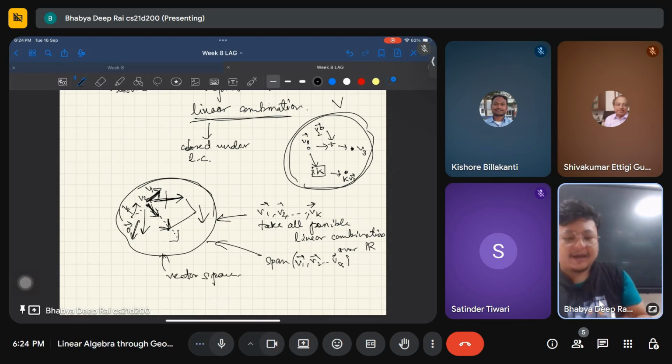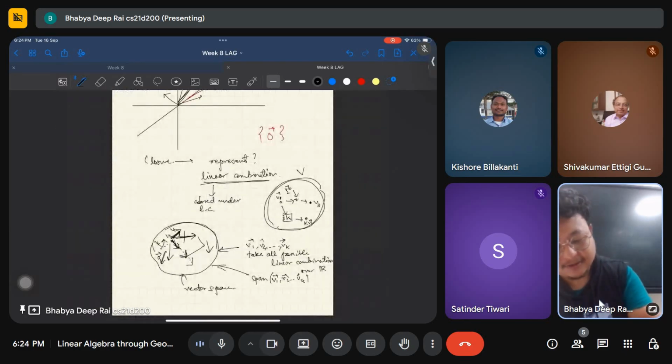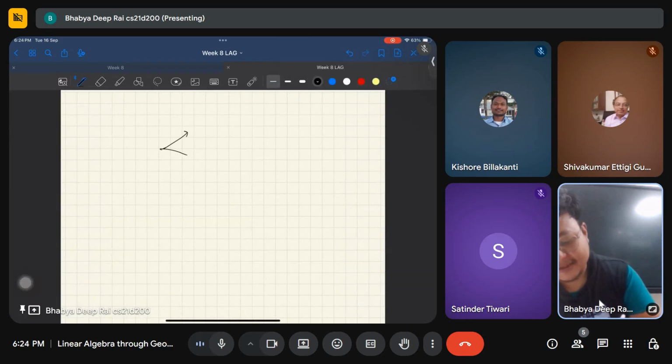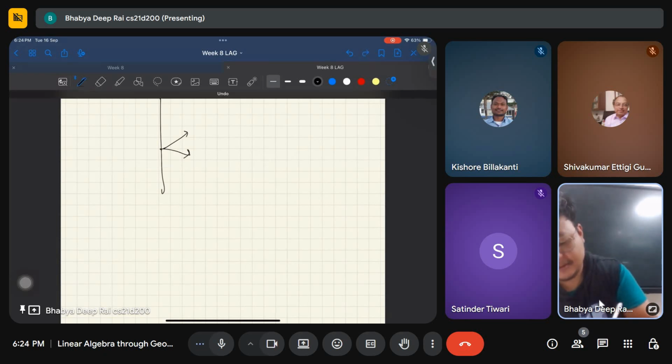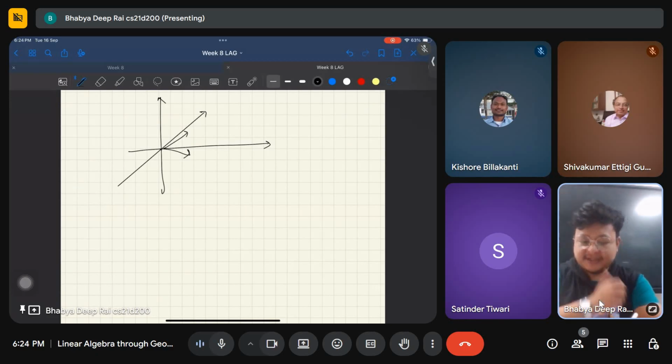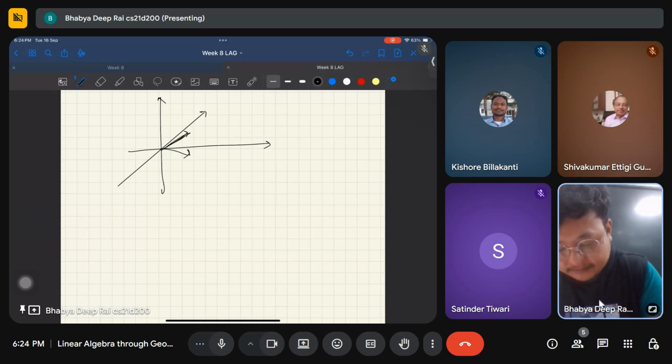Now we'll move on to the question, but just a small addition. What does it mean geometrically? If I take two vectors, what does it mean geometrically to take their linear combination?